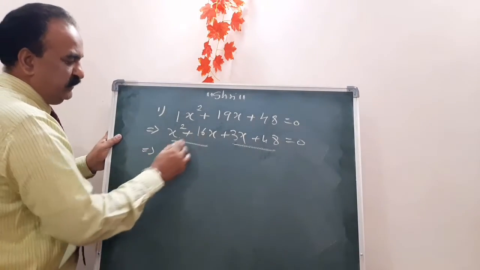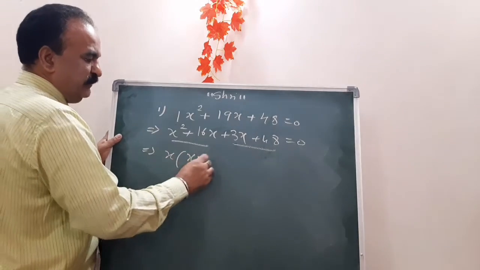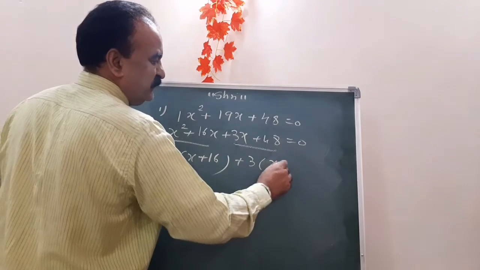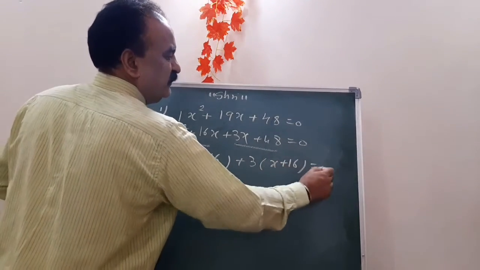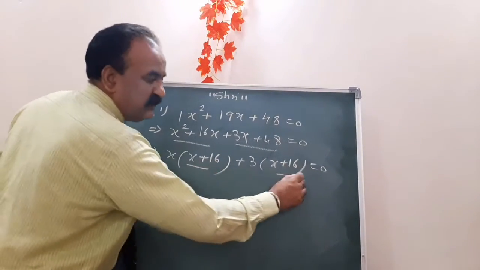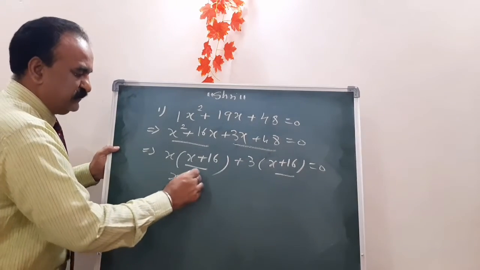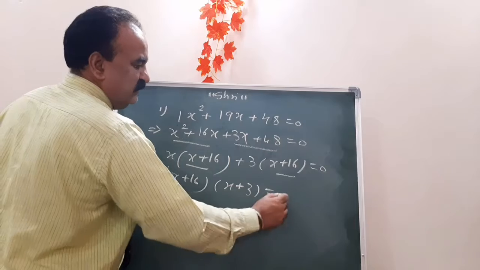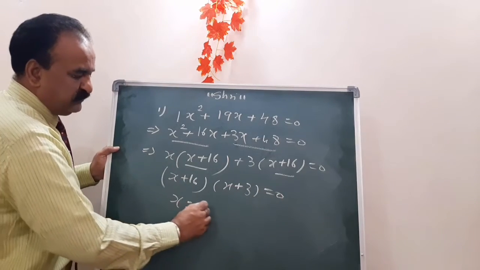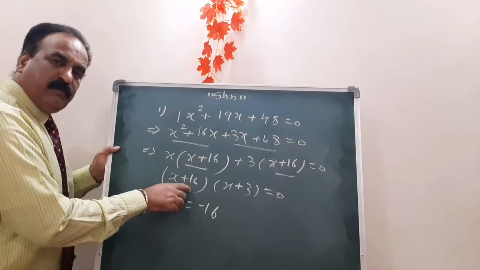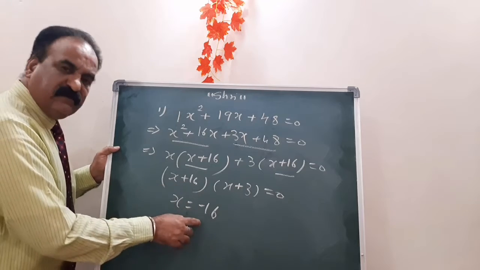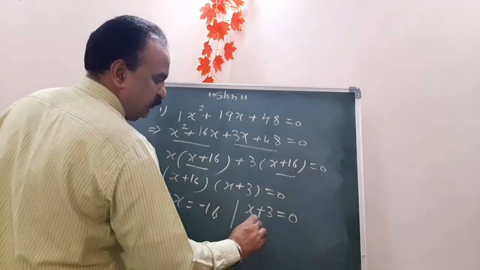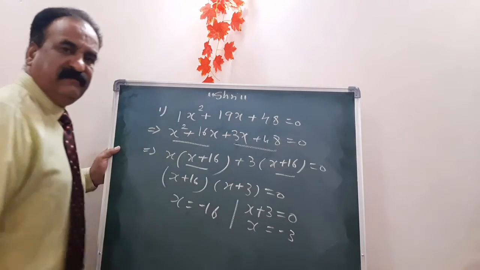It means you can take x common in the bracket, x plus 16, plus 3 common, x plus 16, equal to 0. x plus 16 again common, x plus 16 times x plus 3 is equal to 0. So x is equal to minus 16, because when you put x plus 16 equal to 0, x is equal to minus 16, and x plus 3 equal to 0, x is equal to minus 3.